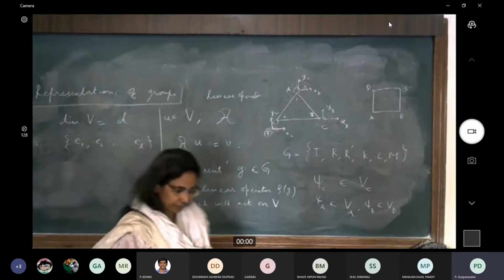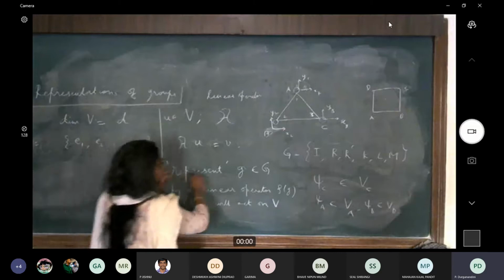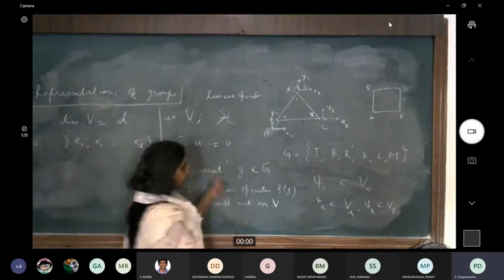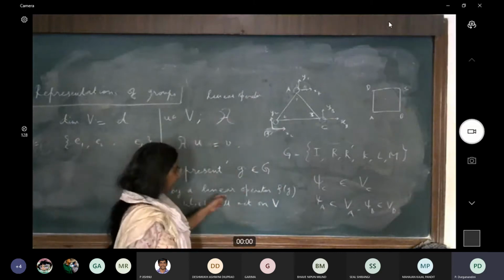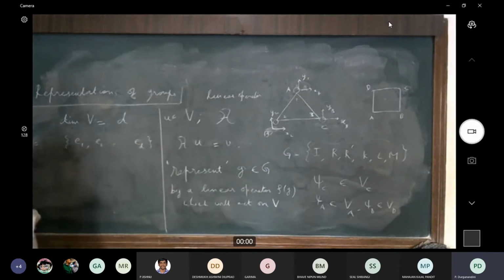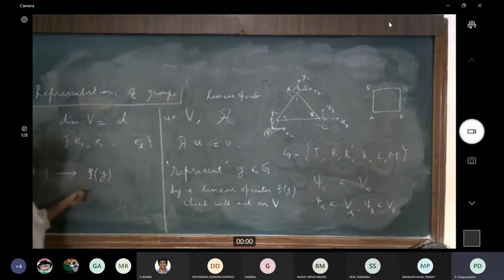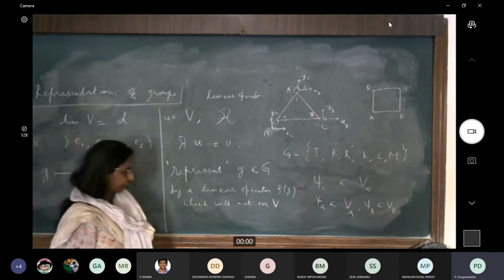So identify that vector space, and then represent your group element belonging to that symmetry group of transformations by a linear operator which is going to act on your vector space. In other words, I make a mapping from G to this linear operator O of G, which acts on vectors belonging to the vector space.